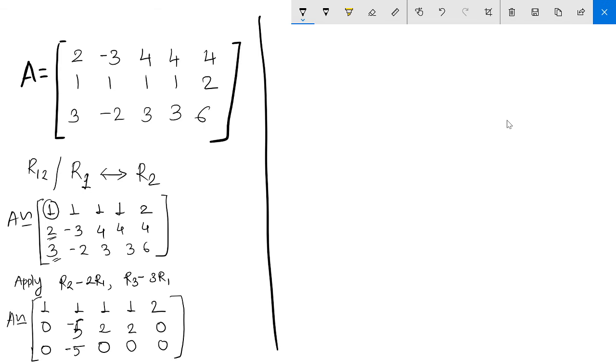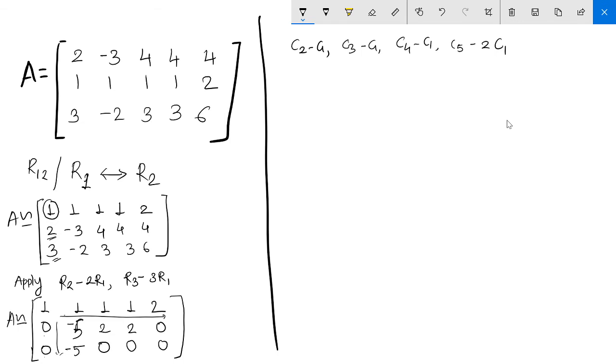Now these are 0. So look at the first row and try to make everything 0 using column operations. Since the first column has second and third entries 0, only the first row will change after the column operations. So apply C2 minus C1, then C3 minus C1, C4 minus C1, and C5 minus 2C1.